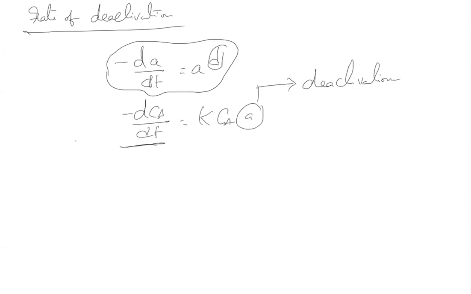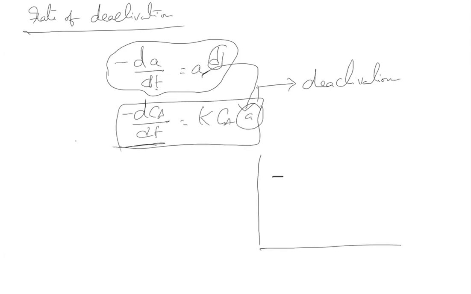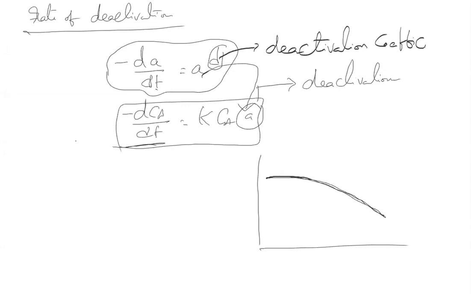From this simple equation, minus dA by dt equal to A power d. So you solve this and substitute that A here. Then you solve the overall equation, and you will get the concentration which is decreasing with respect to time. So this is how you find the rate of deactivation. What is d? It is the deactivation coefficient.